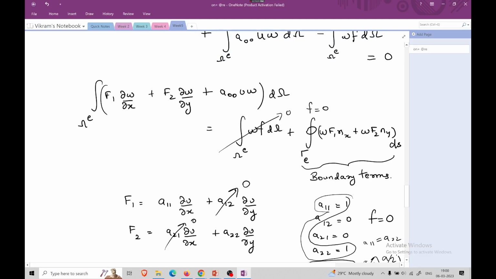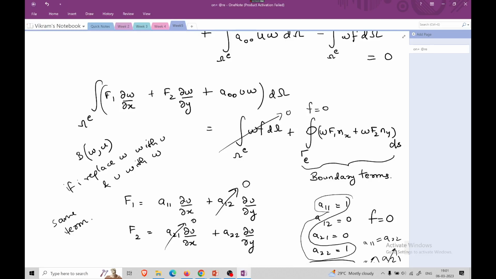So bilinear and symmetric in the term b of w comma u means if I replace w with u and u with w, I will still get the same term. That is what I mean by bilinear and symmetric.